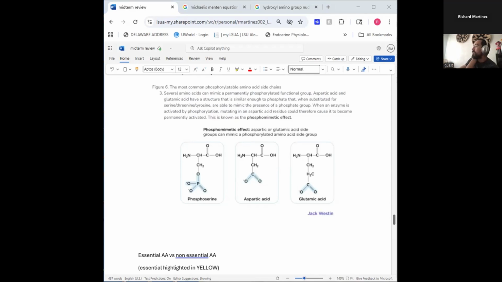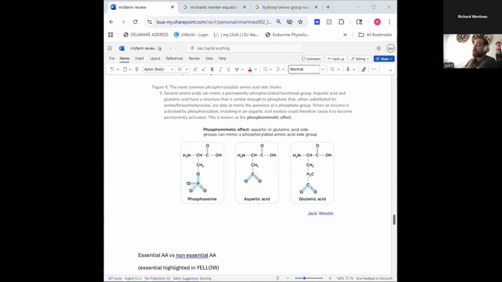So serine, threonine, tyrosine, their alcohol group, the hydroxyl group, could be a site for phosphorylation. So the target for phosphorylation is adding a phosphate group to them. Let's not have that be confused with a kinase enzyme.